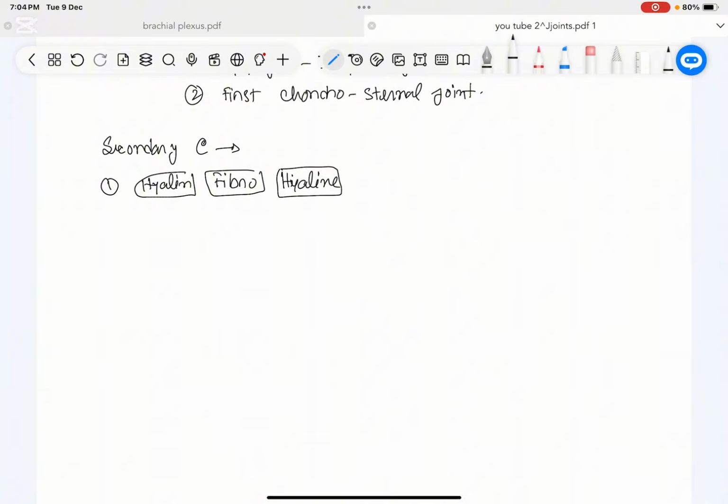That means in between two hyaline cartilages there will be middle fibrocartilage. Number 2, we have to remember it is in midline. The location of the joint is usually over the midline. And as we said, it is slightly movable.